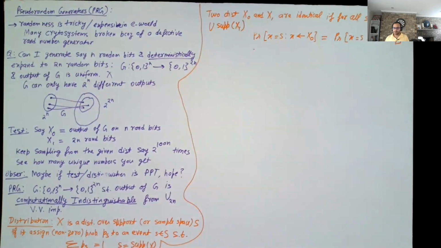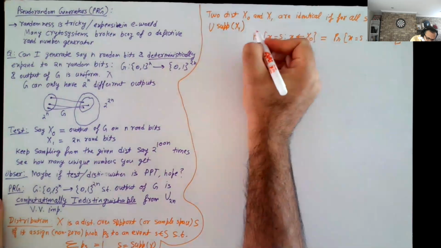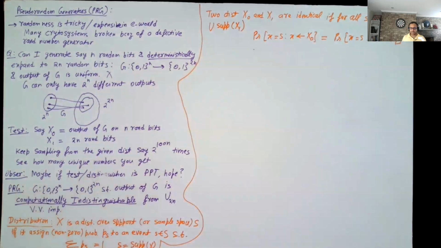So the probability of every event in X0 and X1 is identical. You take any event S. So is this clear? These are identical distributions.